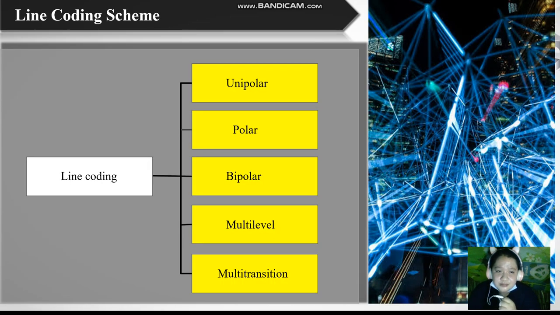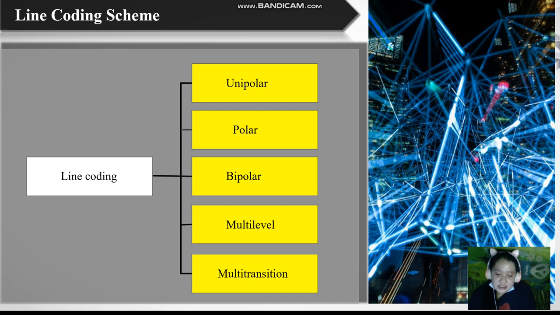Line coding scheme. So, line coding scheme is composed of five schemes. First is unipolar. In unipolar, it consists of NRZ, while in polar, it consists of NRZ, RZ, and biphase, the Manchester and differential Manchester.